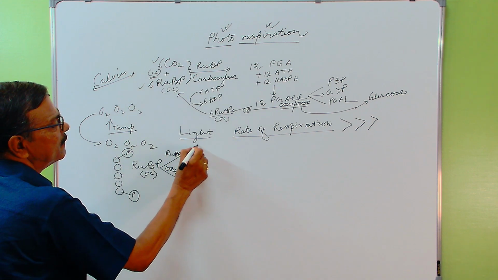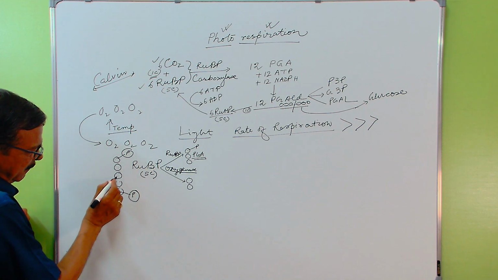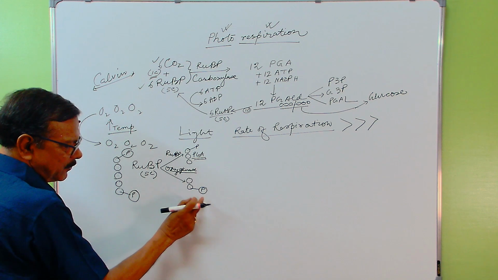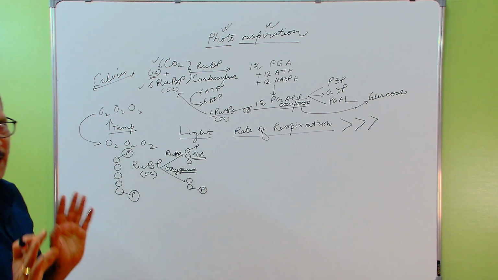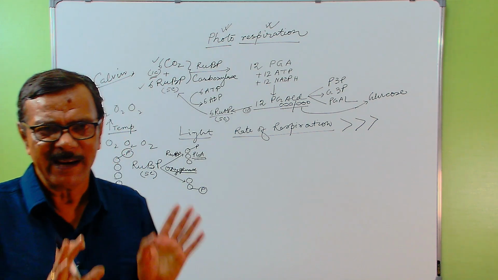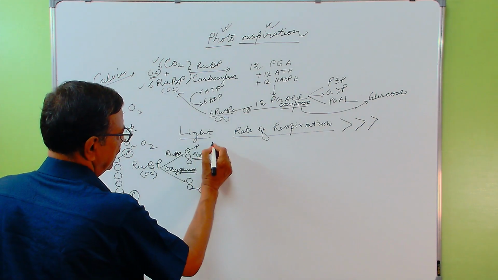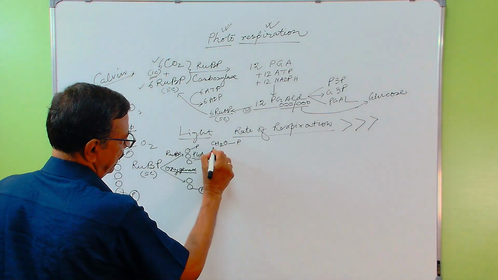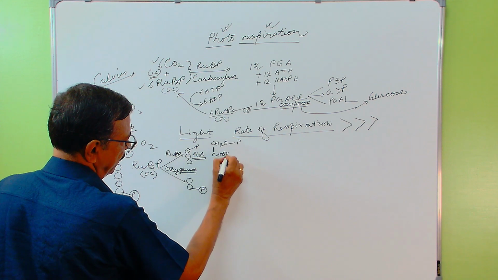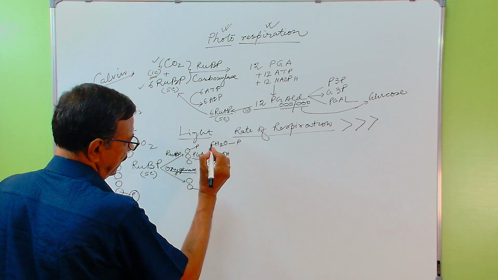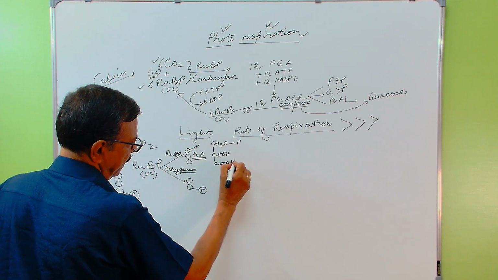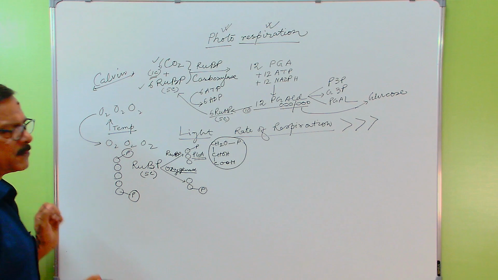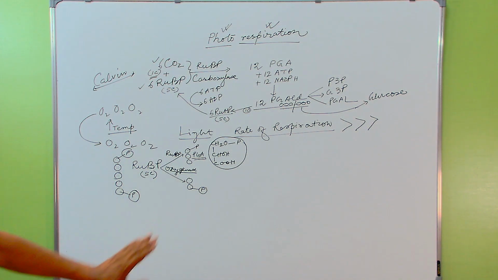Here is a phosphate group, and here is one phosphate group. So this is known as phosphoglycolic acid. Let me write down the formula. This is phosphoglyceric acid and this is phosphoglycolic acid, a 2 carbon compound.